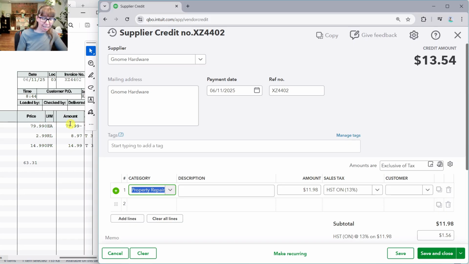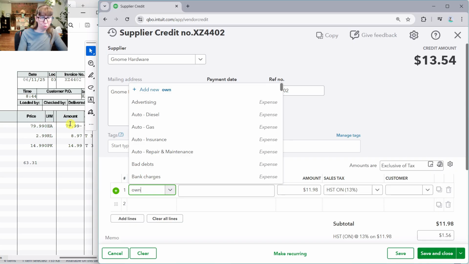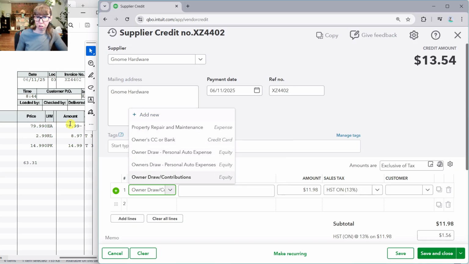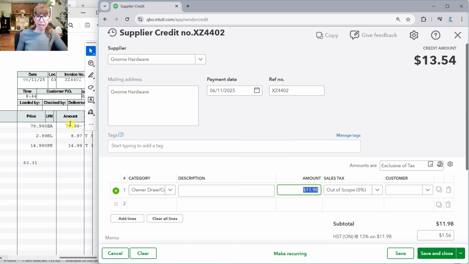And if you remember, that cast iron grill actually went to owner's contributions and draw contributions, and it was put in including the associated HST. So 79.99 multiplied by 1.13. So that is the credit portion of this transaction.